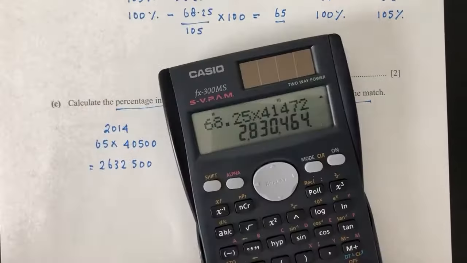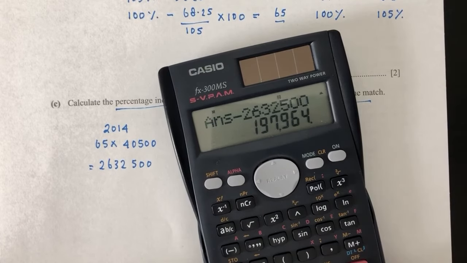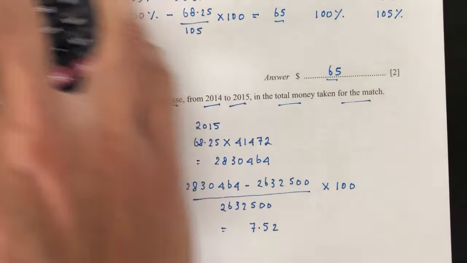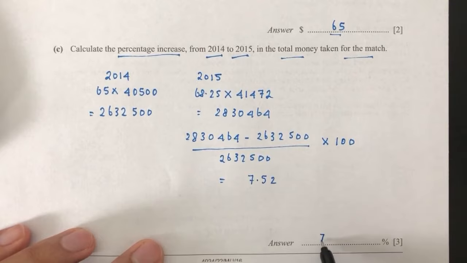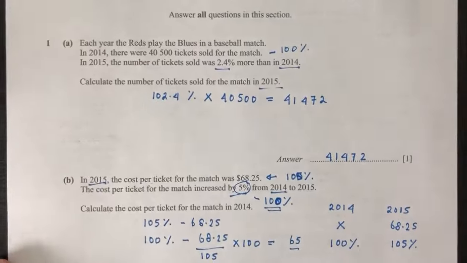So let's do that. This minus 2,632,500, divided by 2,632,500, times 100. That will be 7.52%. So that will be the percentage increase for the money taken. That will be question number 1.